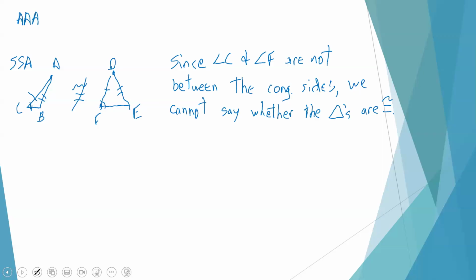Okay. All we have is this. We have angle C is equal to angle F. We have that AC equals DF, and we have that AB is equal to DE.